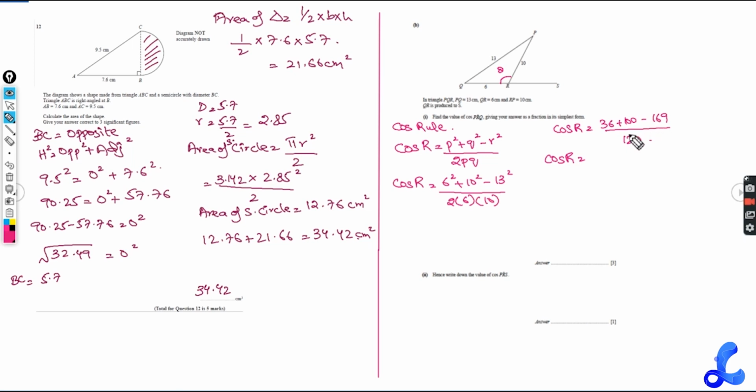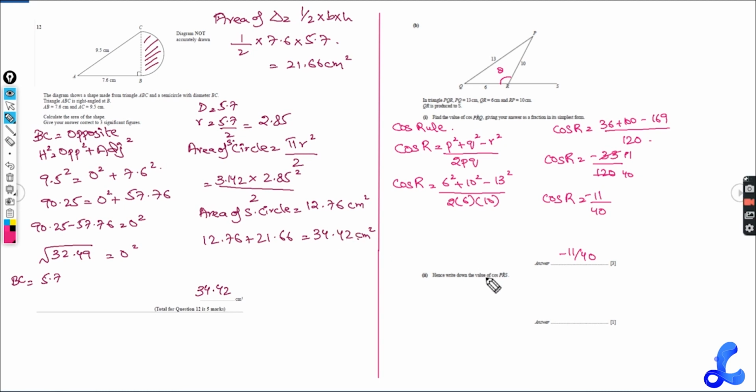Do not be scared of a negative number. Don't worry about it. So the answer is negative 33 over 120, which can further be simplified by 3: 3 11s are 33 and 3 40s are 120. Now both of them do not go in any table, so cos R equals to negative 11 over 40. So the answer over here should be negative 11 over 40, which is cos PRQ.